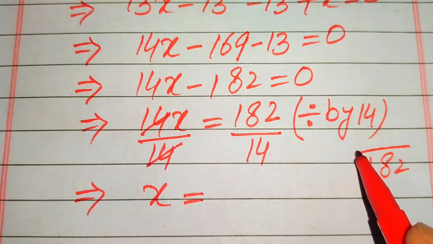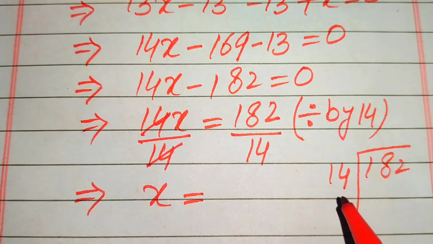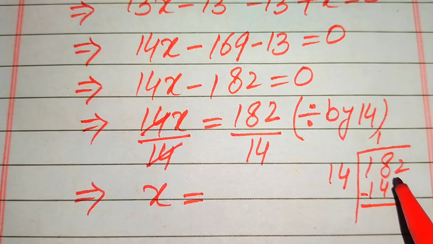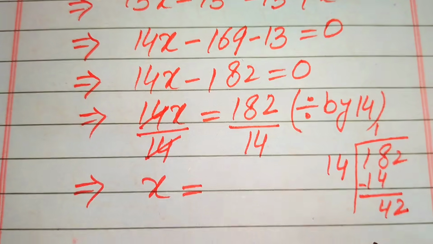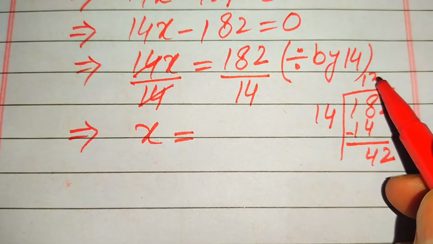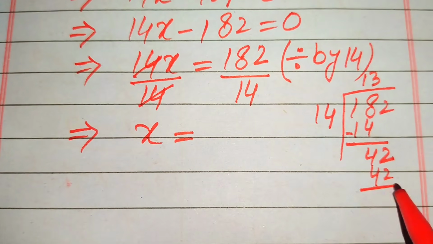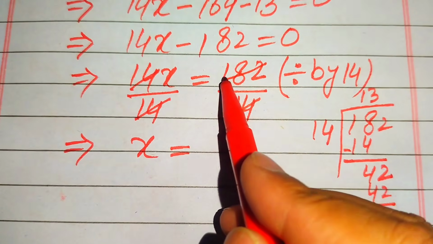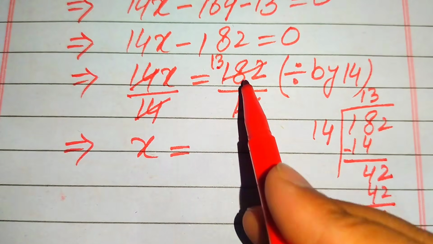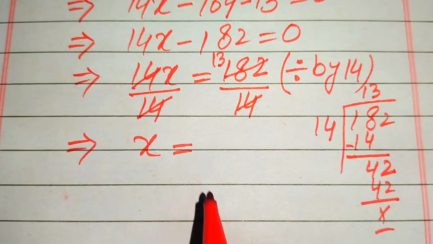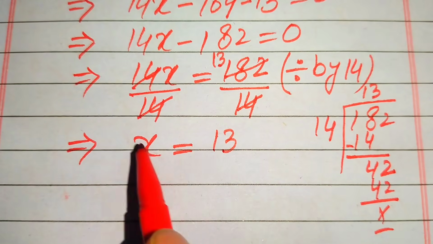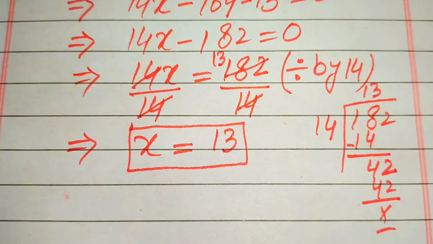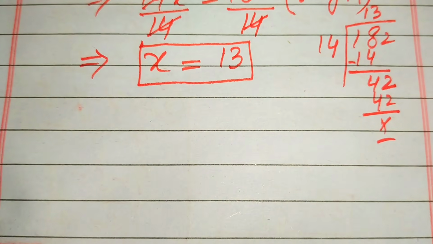So we divide in this way: 14 ones are 14, when we subtract we get 42, and 14 threes are 42. So 14 times 13 becomes 182, so we get the value x is equal to 13. So we get only one value of x in the first method, and that is equal to 13.